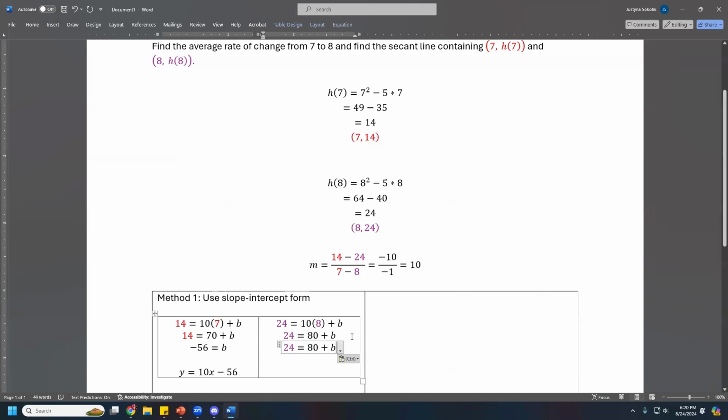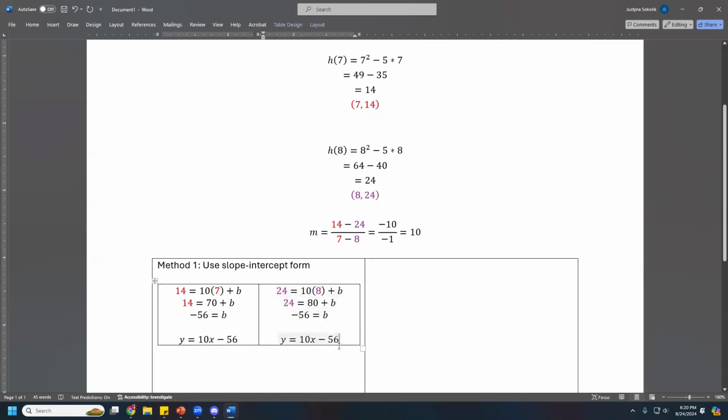And when I do that, I'm going to double check 80 minus 24. That gives me, once again, negative 56. So this side also tells me that y should be 10x minus 56. I'm just proving that it doesn't matter which point you use, you still get the same line.